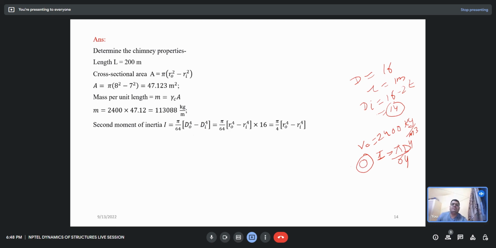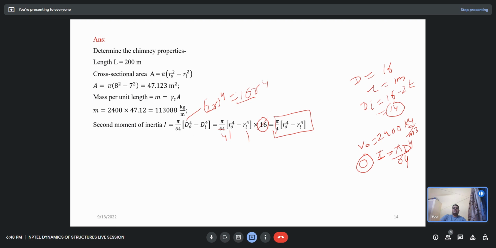If we convert it into the radius, d is equal to 2r. If we take the 4th power, it becomes 16 r to the 4. We take 16 outside from both outer and inner, and it cancels out, so that will come as 4. So that is pi by 4 times r outer to the 4 minus r inner to the 4.